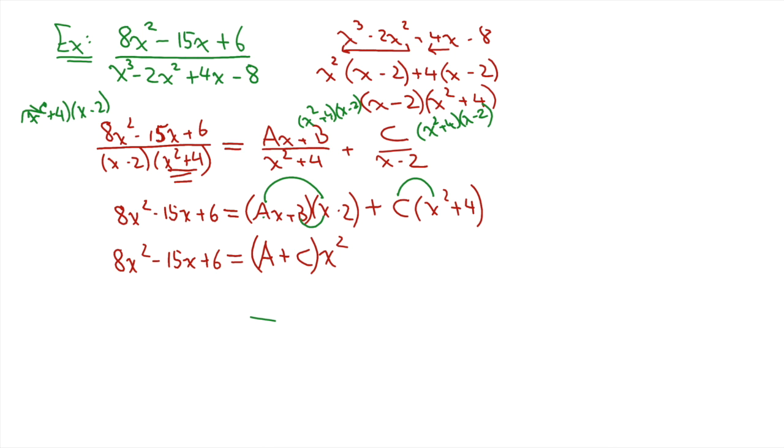All right, when I multiply bx and ax times -2, the inner and the outer, those are going to give me linear terms. ax times -2 and bx. Am I going to get an x from the other one? No. So all I have to worry about is those two.